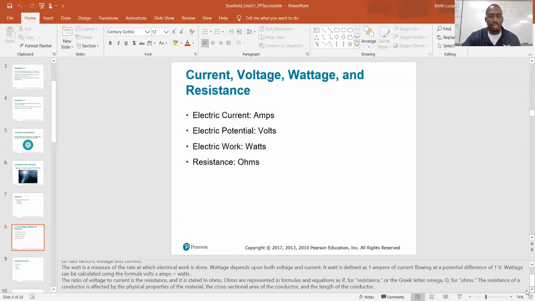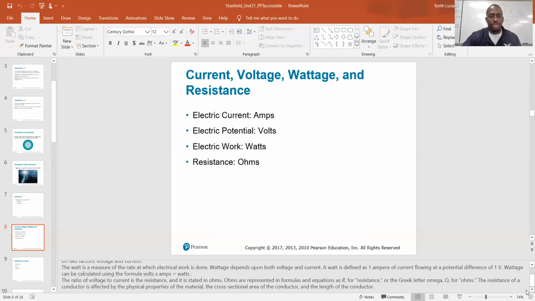The watt is a measure of the rate at which electrical work is done. Wattage depends upon both voltage and current. A watt is defined as 1 amp of current flowing at a potential difference of 1 volt. Wattage can be calculated using the formula volts times amps equals watts.